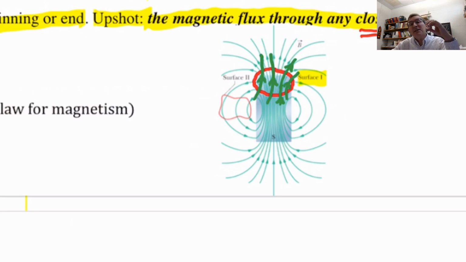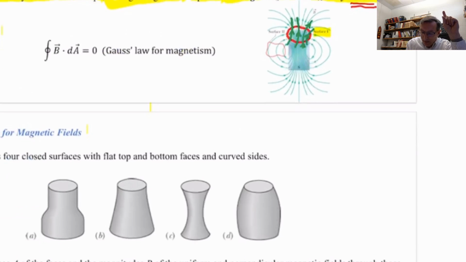But magnetic flux is the net. It's a quantitative measure of the net piercing of a surface by a magnetic field. So if every magnetic field line pierces going in and also then somewhere else going out, guess what you get for the total magnetic flux, total, through the whole surface? You get 0.